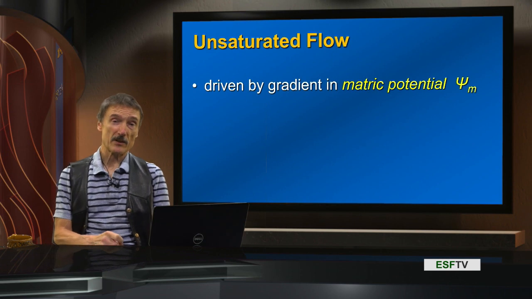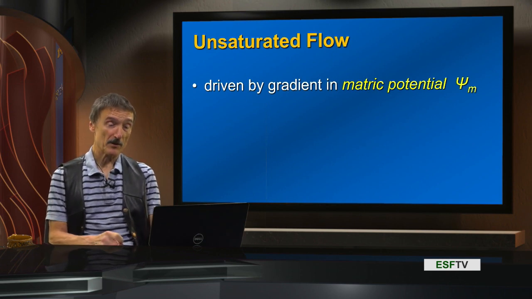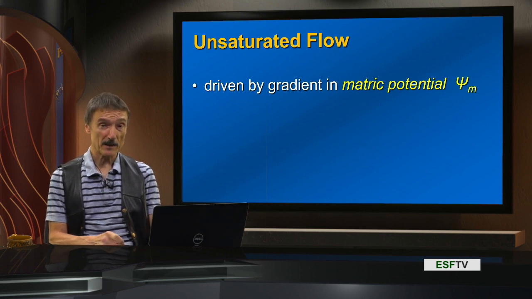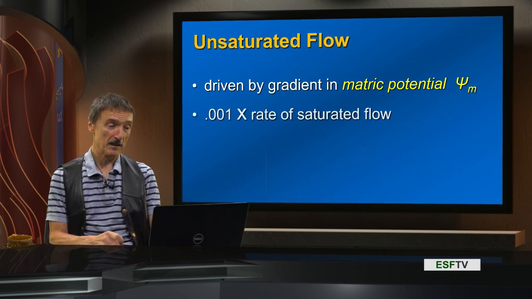So what drives unsaturated flow? Saturated flow is driven by a gradient in gravitational potential. The gradient that drives unsaturated flow is matrix potential, and we've talked about that. We've represented it as psi sub m, the portion of total soil water potential due to the matrix forces, the attraction of soil solids for water.